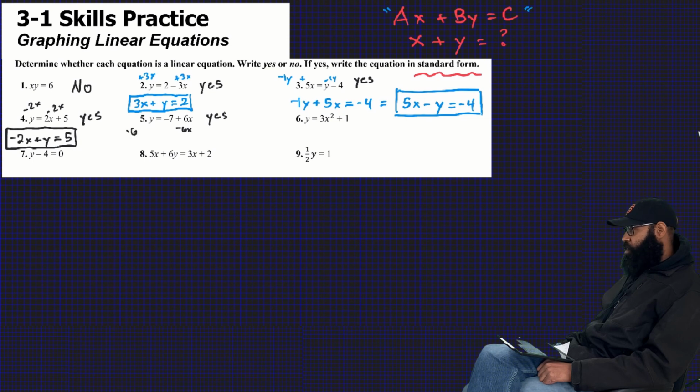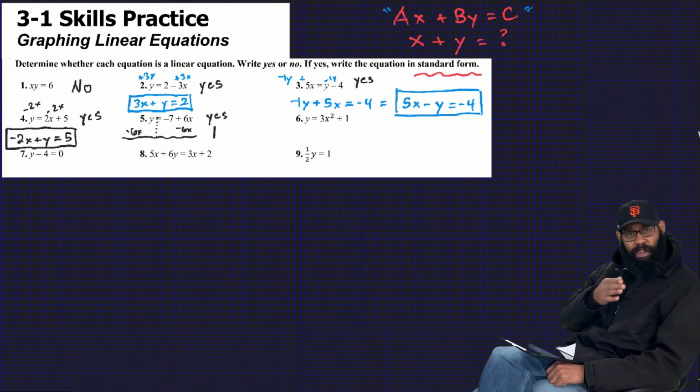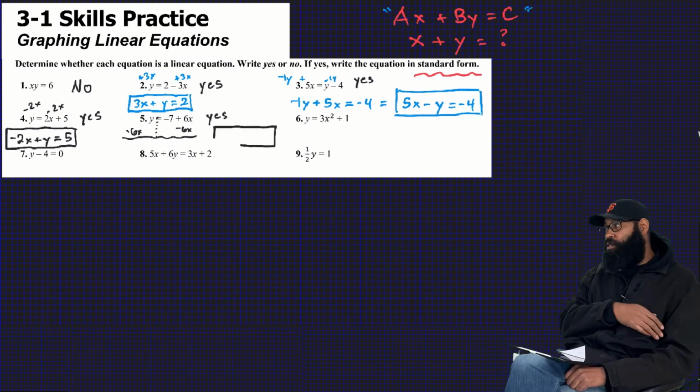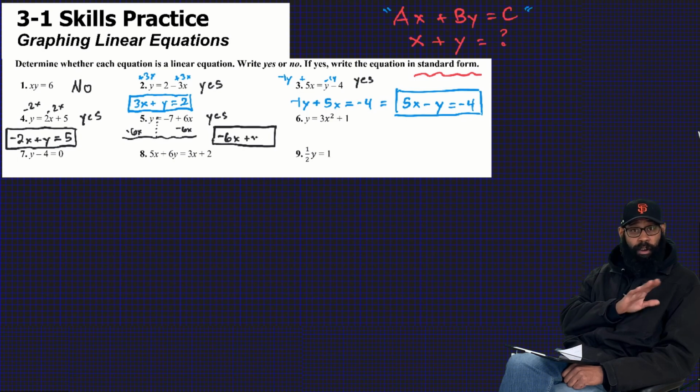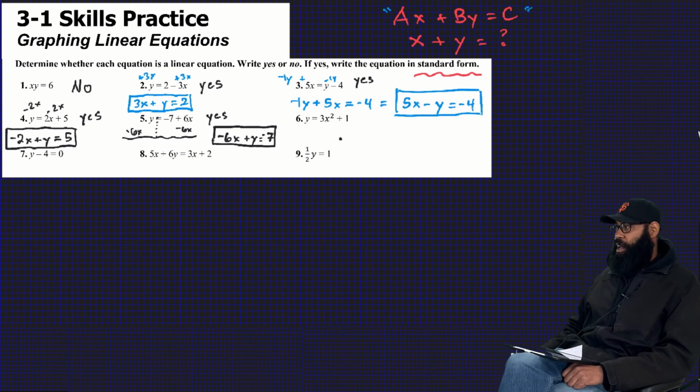The positive 6x needs to be on the left side of the equal sign. So again, slowing down, drawing a line down my equal sign, subtracting 6x from both sides, which will give me a final answer of negative 6x plus 1y, or just y, is equal to negative 7.